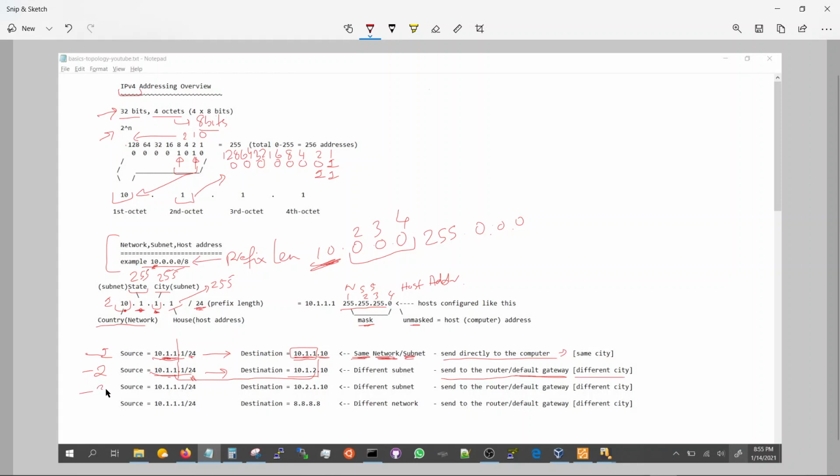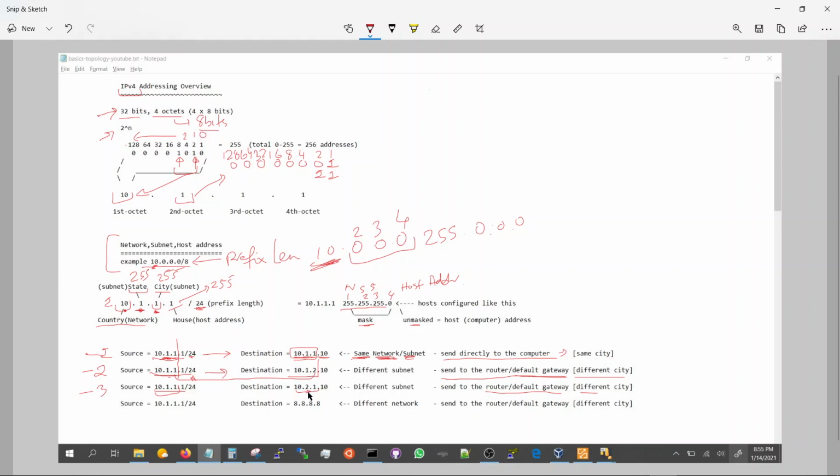Examples 2 and 3 are exactly the same. Source is your address, and the destination is again a different address, so you're not going to send it to the same network. You're going to send it to the default router, default gateway, a different city. The city was different here, and the city was different here as well.